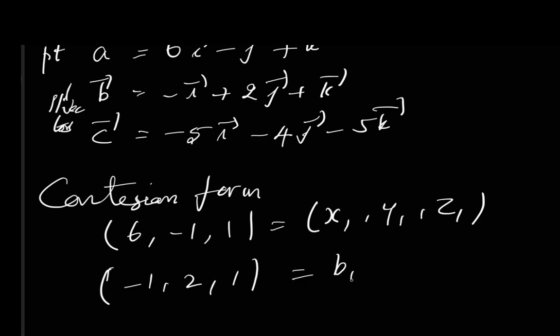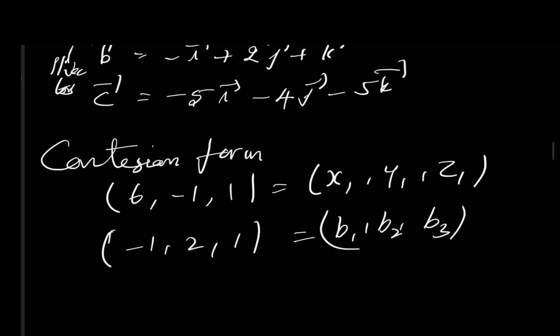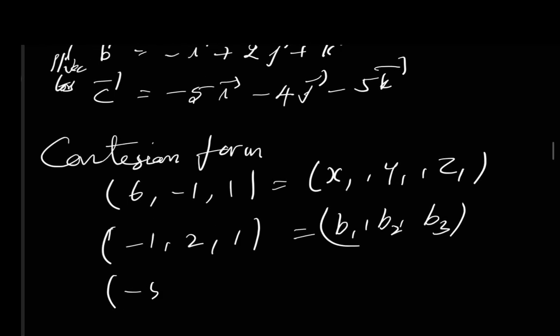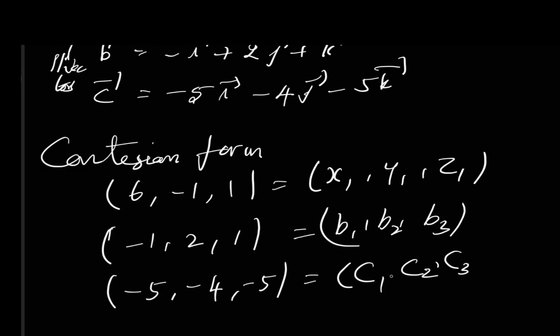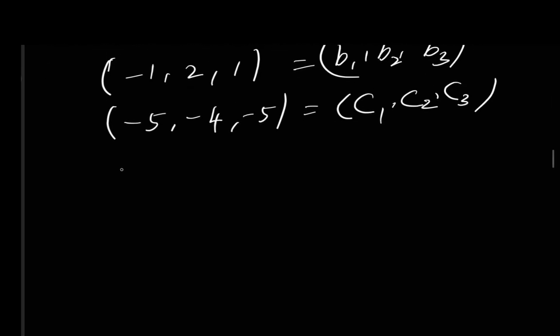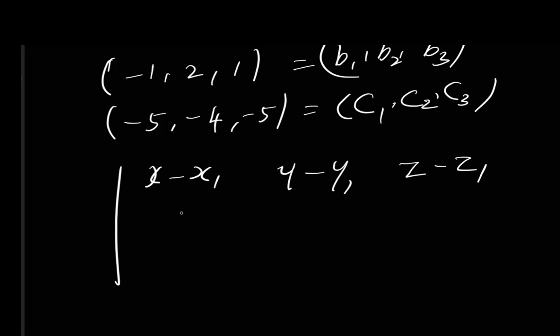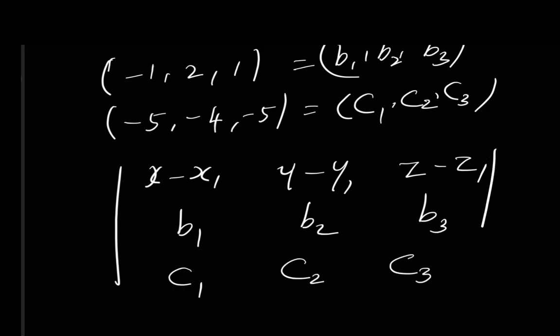So this is the coordinates of the parallel vector, b1, b2, b3. Then c vector minus 5, minus 4, minus 5, c1, c2, c3. So the determinant form is x minus x1, y minus y1, z minus z1, b1, b2, b3, c1, c2, c3 is equal to 0.